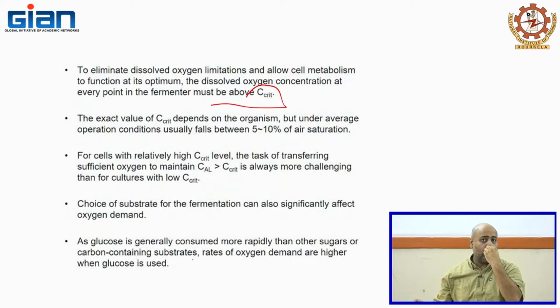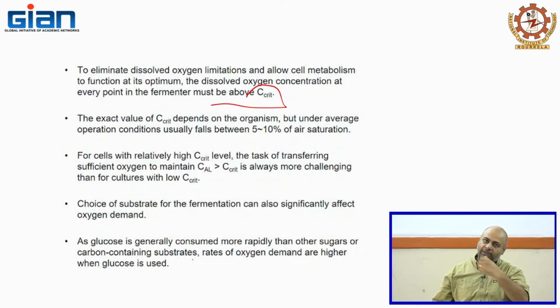You can estimate it through experimentation. That's the only way you can do it. The exact value of C critical depends on the organism, but under average operating conditions it usually falls between 5 to 10% of air saturation. So the other way to circumvent the C critical is to pump as much as you can.